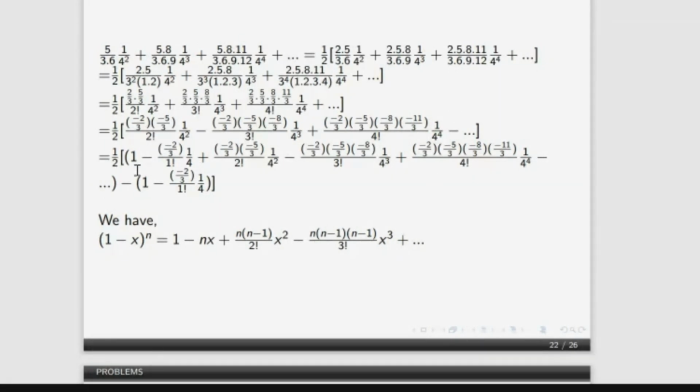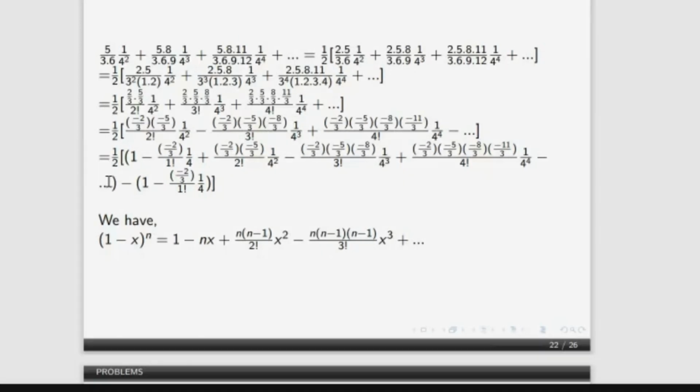Look at this part, which is inside this first round bracket. So we can see that this is n and x. This is n into n minus 1 by 2 factorial into x square minus n into n minus 1 into n minus 2 by 3 factorial into x power 3, and so on. That is how it is proceeding.